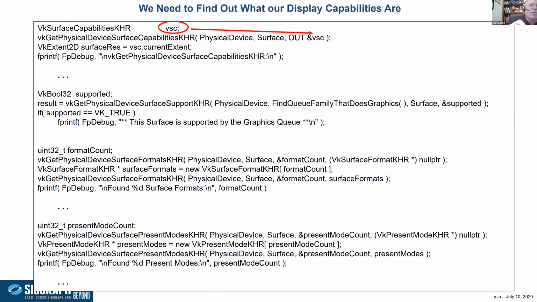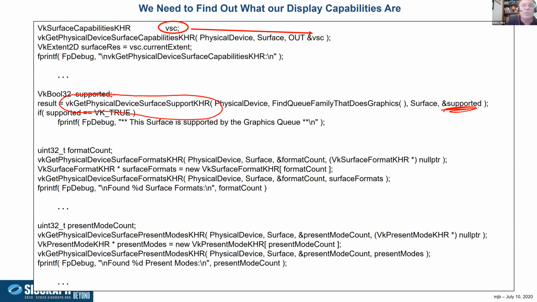When you got the surface capabilities from GLFW, there was some information in there that you needed, and you pass that into Vulkan, and it tells you whether Vulkan can support the display hardware you're on.